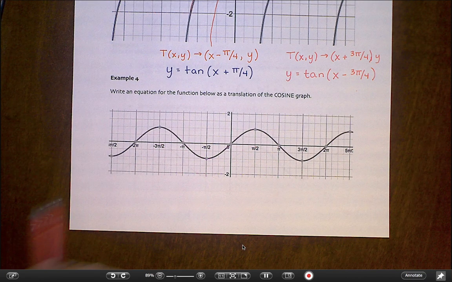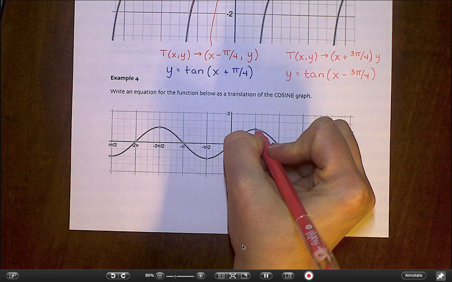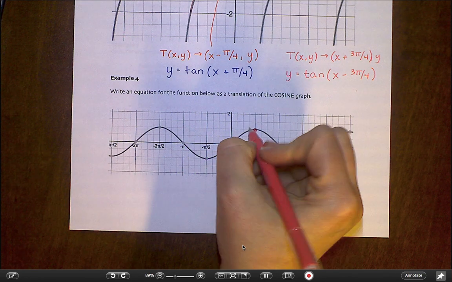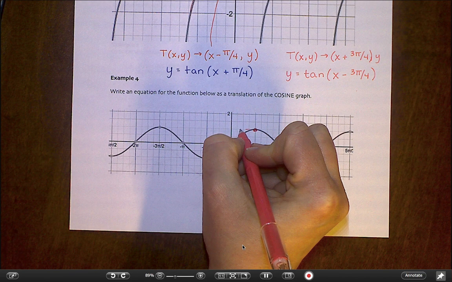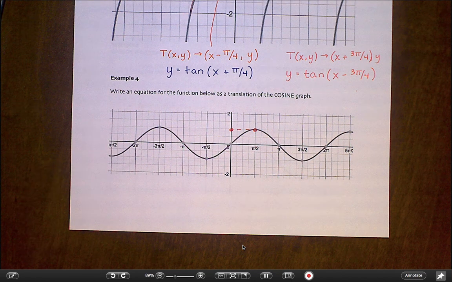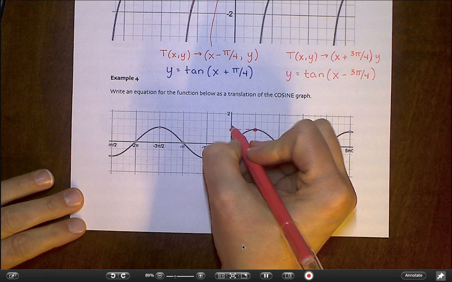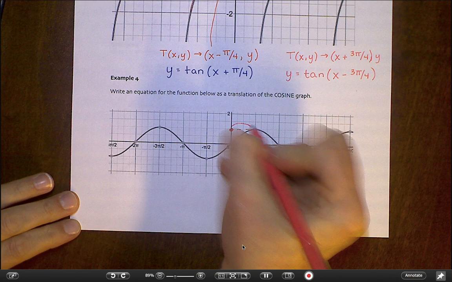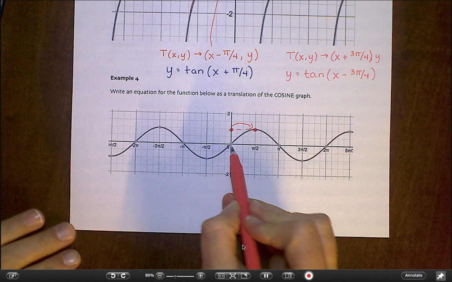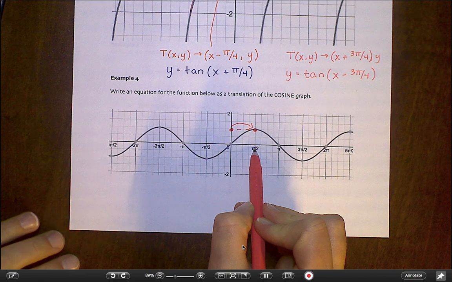If this were the cosine function, think about where this point would be, and pause the video if you need to. If this was the original cosine function, the top of that bump would be right here. So the movement that I did was from here over to here, if I wanted to think of this as a cosine function that's been translated around. That's a shift to the right by pi over 2.